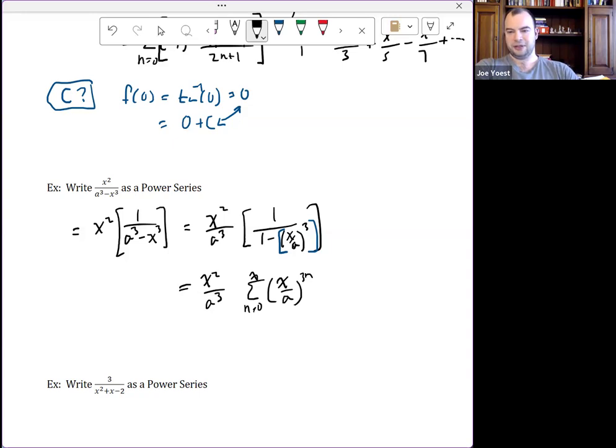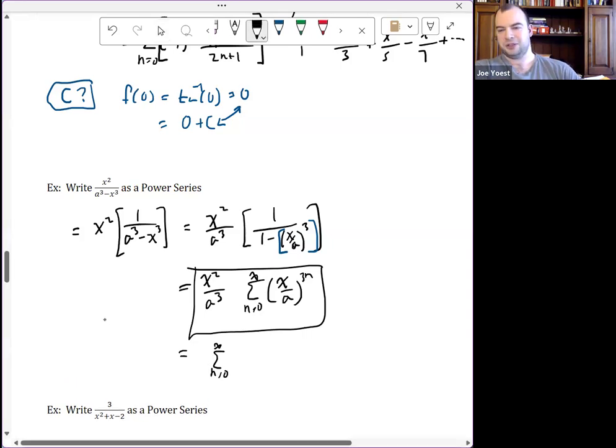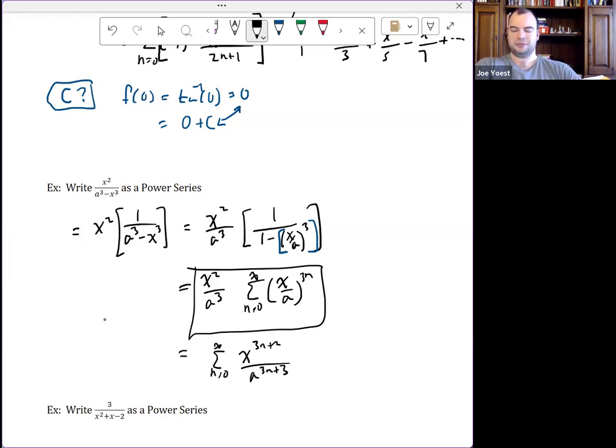And we could leave it like this, or we could bump that x squared over a cubed inside of the summation. That would be x to the 3n plus 2 over a to the 3n plus 3. And for what values of x is this valid?